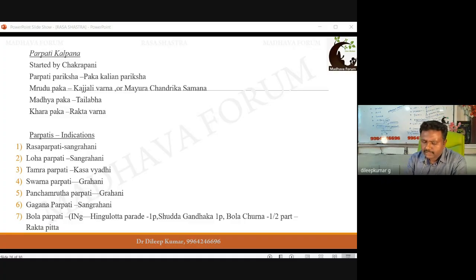Here we have Vaikranta, Swarna, Raupya and Mukta Bhasma. Here we should think about some intestinal cancers, intestinal nodules or extra growths in the GI tract. In this case, we can use Vijay Parpati. And here the key ingredient is Vikranta. Vikranta is an excellent drug in case of any tumors.